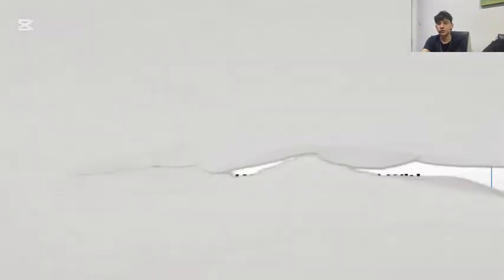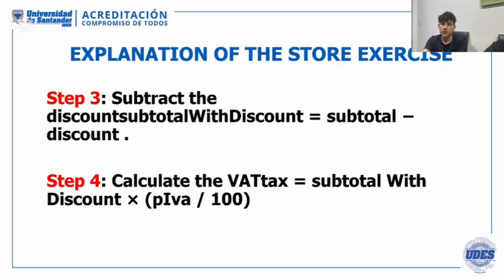Step 3 is going to be to subtract the discount. That is going to be the following operation: subtotal with discount is equal to subtotal minus discount. Step 4 is to calculate the IVA.